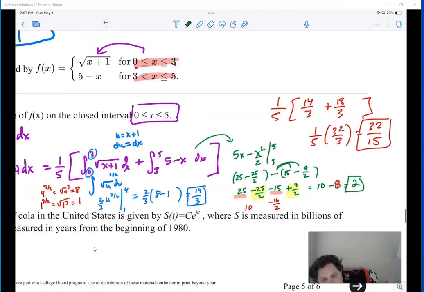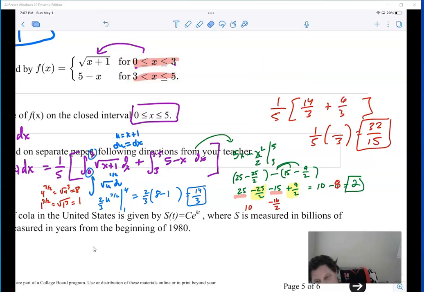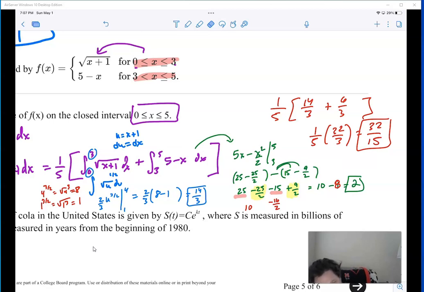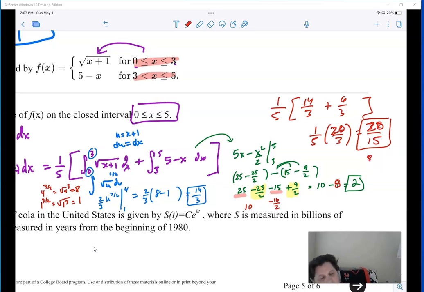So that's actually just 2, and we could leave our answer like that, for sure. Or, again, we could go like this. 6 over 3, that's 20 over, which would give me 20 over 15. Or, no, hold on.